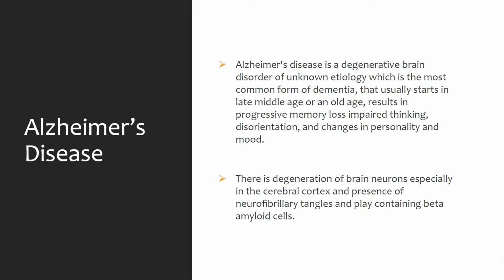First of all, the basics about Alzheimer's disease. It's a brain degenerative disorder of unknown etiology, and it is the most common form of dementia that usually starts when a person is in late middle age or old age, which also results in memory loss, disruptive thinking, and change in personality, mood, etc. Now, this degeneration of brain neurons especially happens in the cerebral cortex region, with the presence of neurofibrillary tangles.